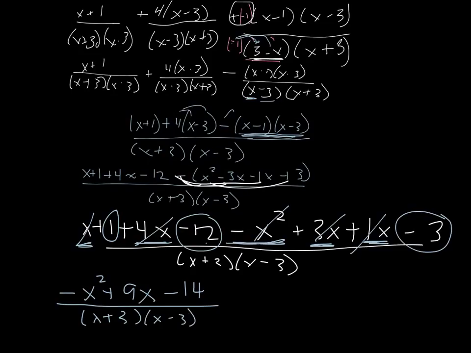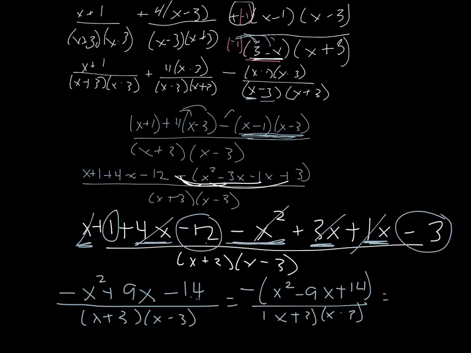Now, feeling fairly good there. I'm wondering if I can factor this thing on top. I can probably factor a negative out, leaving me with x squared minus 9x plus 14 all over my common denominator. And then this top thing I can factor. 7 and 2, I think.